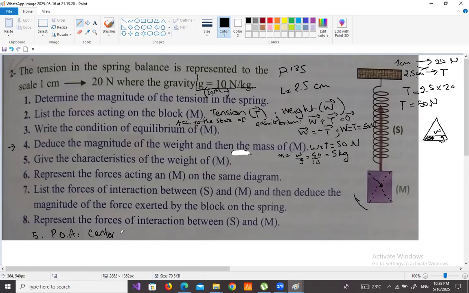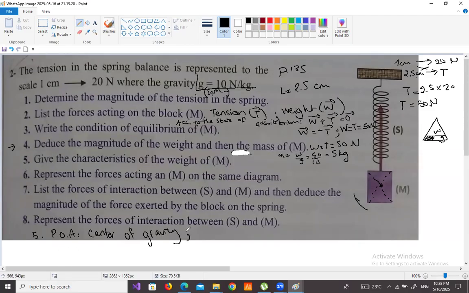The point of application is where the force is being applied. For forces acting at a distance, like the weight, the magnetic force, the electric force, the point of application is always the center of gravity of the body.